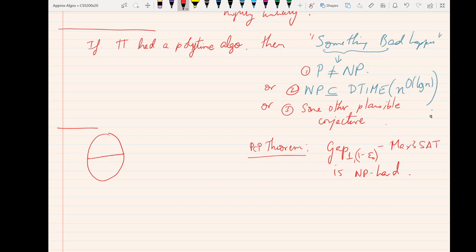Which meant that we had a gap introducing reduction from just the 3-SAT problem, which was a decision yes/no problem, is phi satisfiable or not, into this gap problem where either all m clauses were satisfiable, or less than a 1 minus epsilon naught fraction of the clauses were satisfiable.